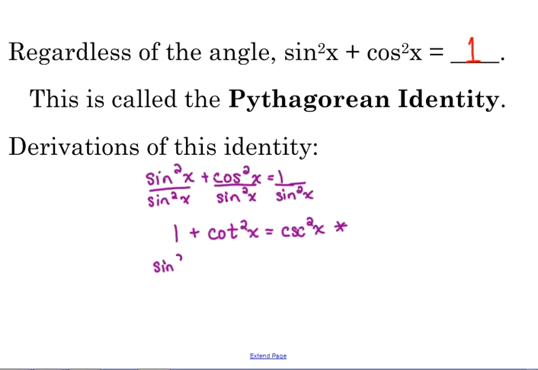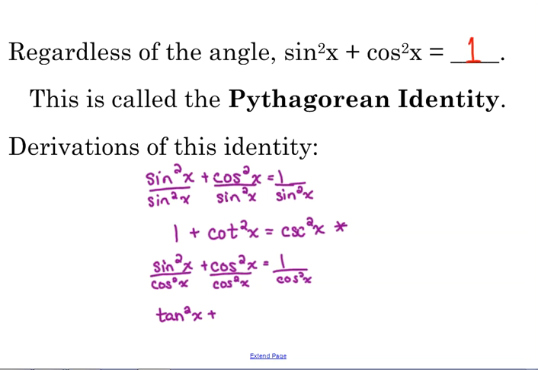If we go back to the original, and instead of dividing by sine squared, we divide by cosine squared, we will get this result. Sine over cosine is tangent. So that's tangent squared of x.